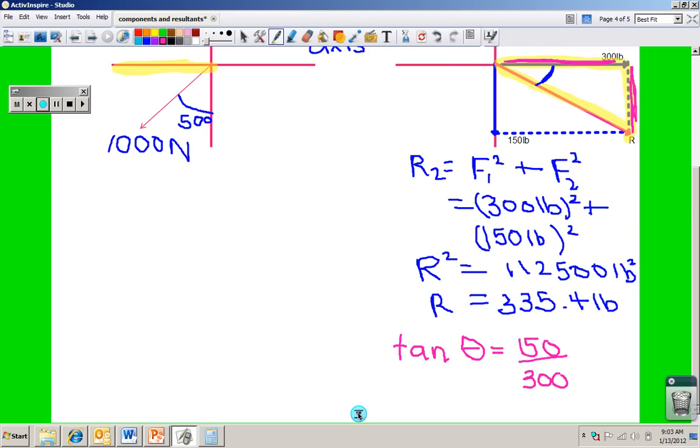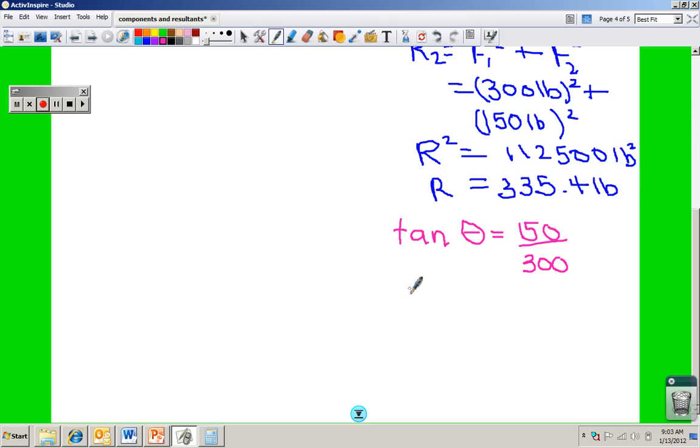So when I put this in my calculator, I need to use inverse tan or arctan, depending on what you want to call it.